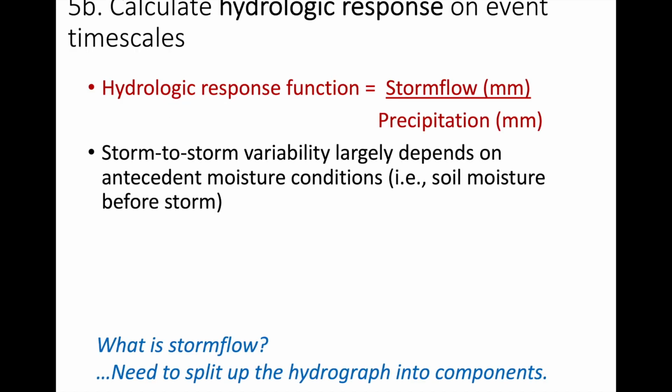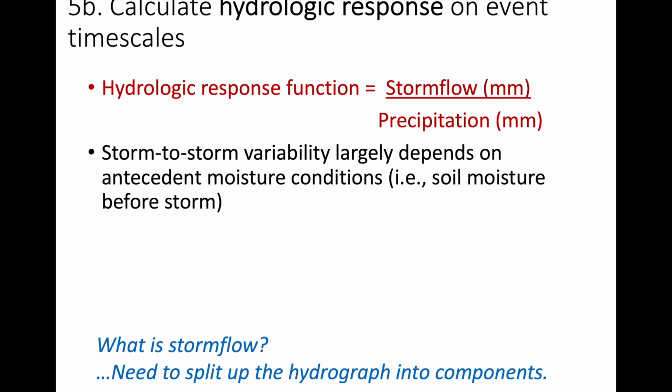But picking up with the not so complicated precursor, in the previous video, I showed you that you could calculate hydrologic response on annual timescales or seasonal timescales by taking the total stream flow and dividing it by the precipitation.